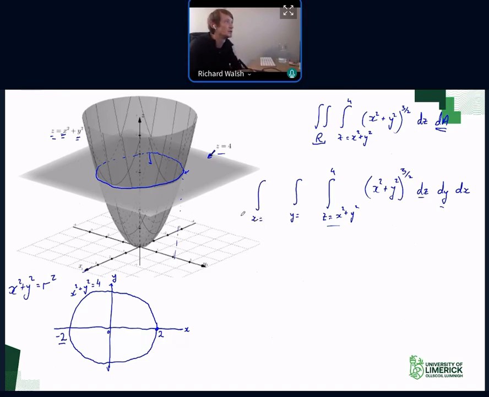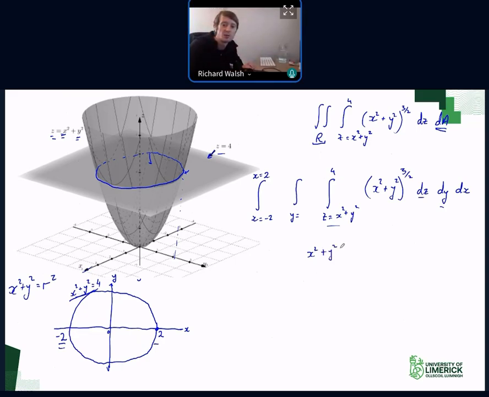So y equals, well, if x squared plus y squared is 4, I can solve that for y. I know the x values are between -2 and 2 in that region. So x is -2 up to 2. When I projected the top of the conic down onto the xy plane, the x values are between -2 and 2. Y, I'll be able to solve using this, because that will give me the y values in the region.